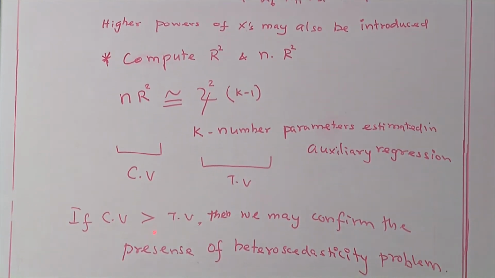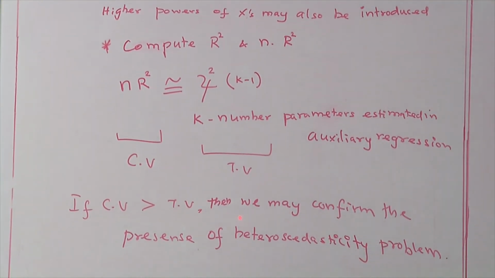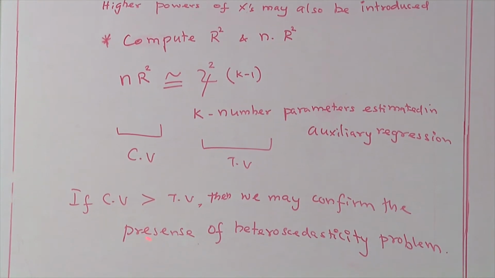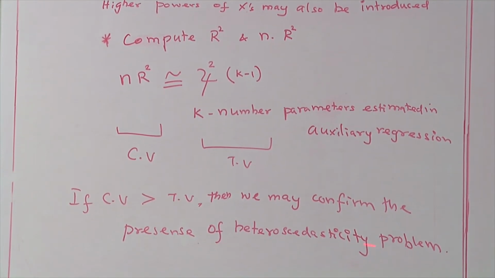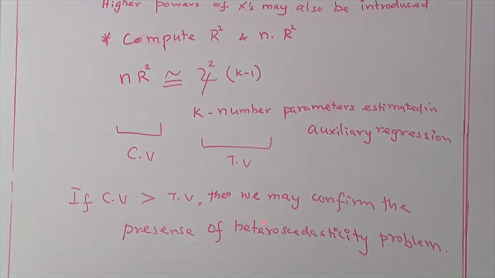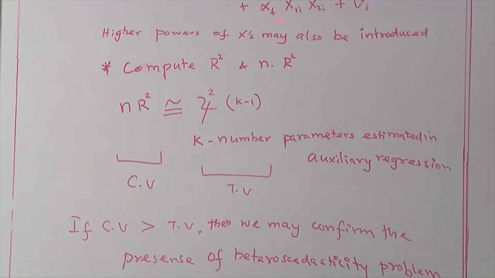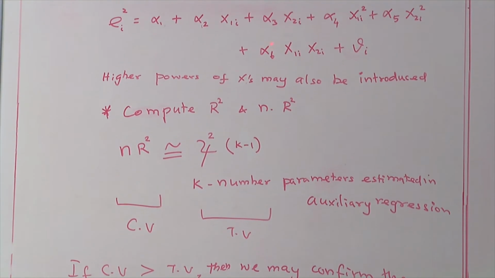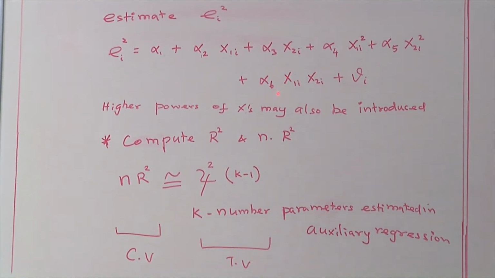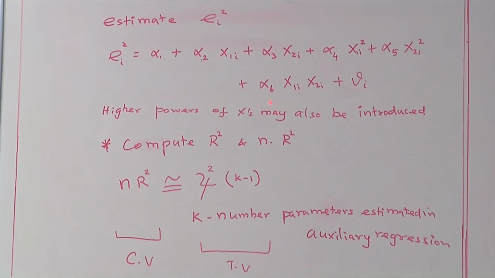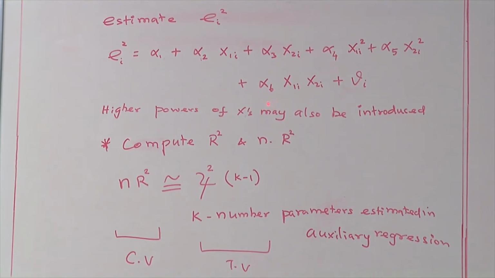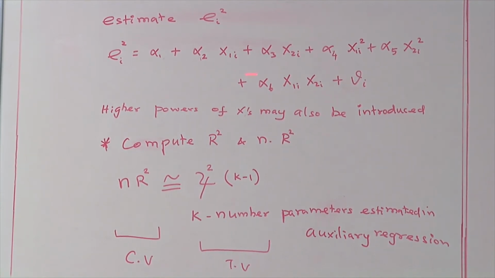If the calculated value is higher than the table value, then we may confirm the presence of the heteroscedasticity problem. As I told you earlier, this is a generalized test. If you include this cross multiplication term, this alpha 6 would serve as the significance test for specification. If we do not include this term, this is a pure heteroscedasticity test.